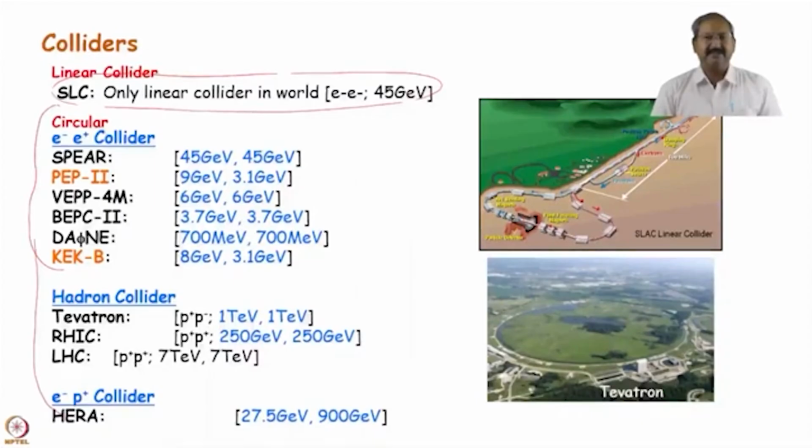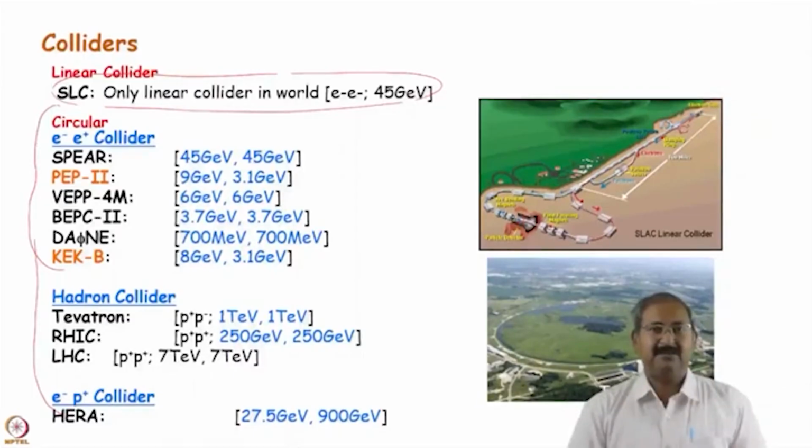So there is a way to get rid of this. Instead of electron positron or proton colliders, make muon colliders. Muons are leptons. These are fundamental. These particles do not have internal structure. However, muons are 200 times heavier than electrons, so they radiate less.